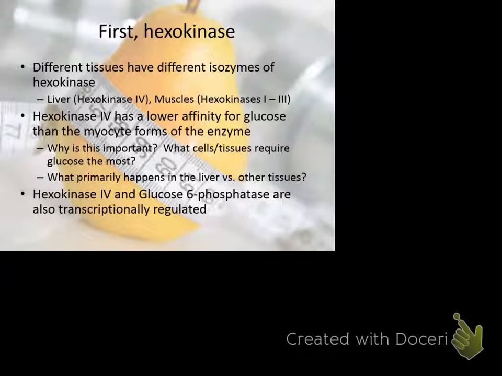So that's why you don't want a futile cycle in the liver itself, within the actual hepatocyte, but we also don't want it to compete with the brain and the muscles and the heart and things like that that need more energy. Okay, and then finally, both hexokinase 4 and its antagonistic enzyme or counterpart in gluconeogenesis are transcriptionally regulated. If you just don't make as much hexokinase 4, then the liver won't undergo glycolysis as readily as it would gluconeogenesis, and vice versa.